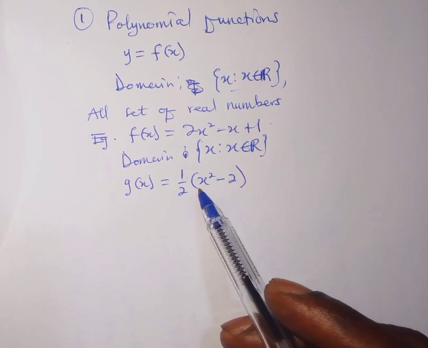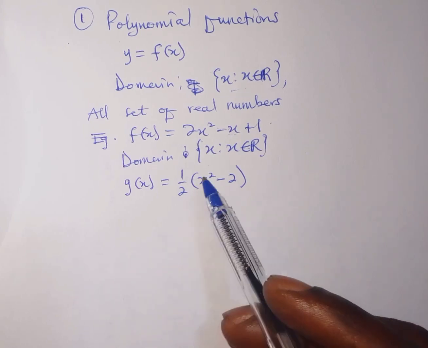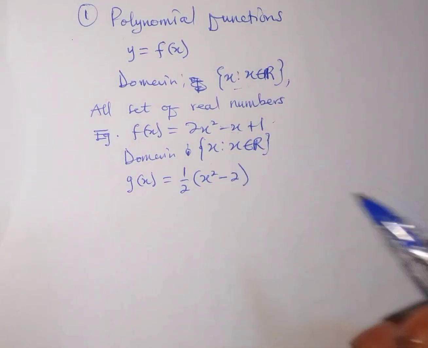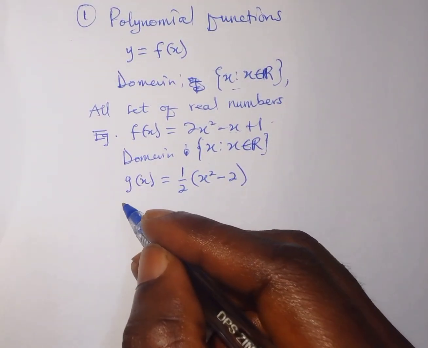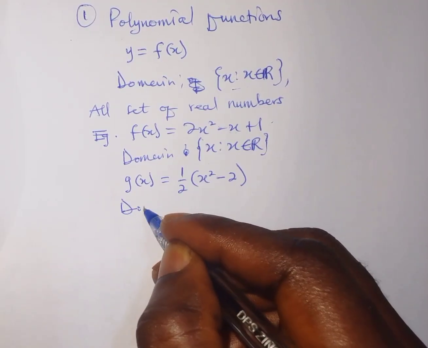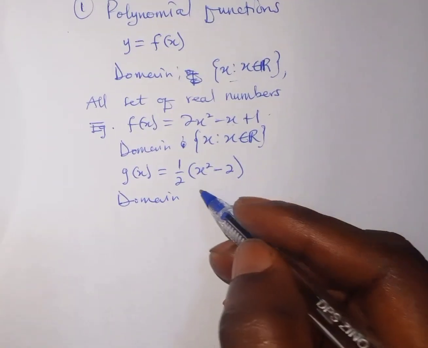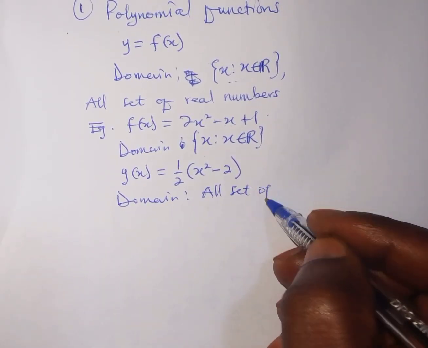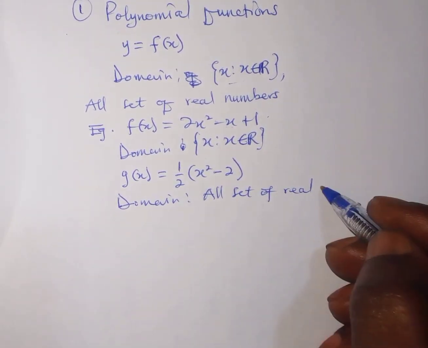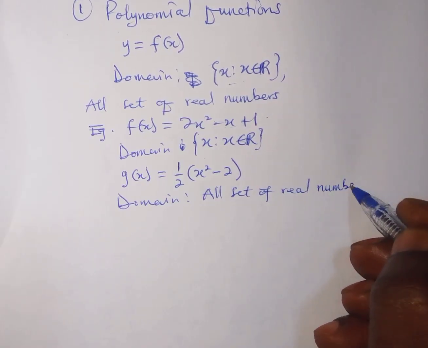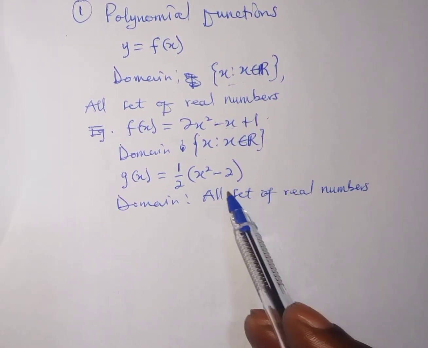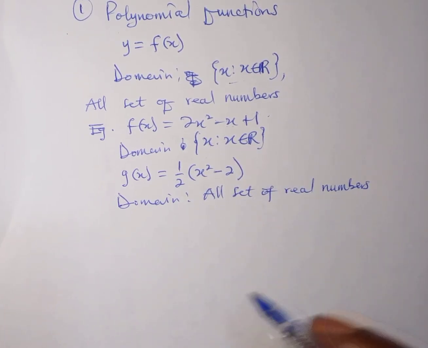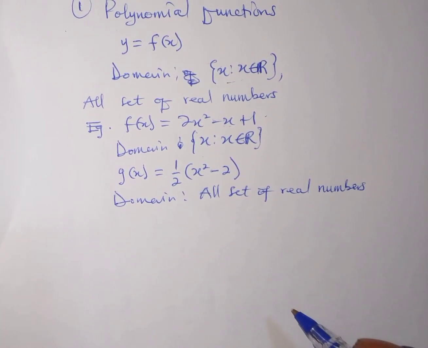When we get to polynomials, you will know what we mean by that. But this example is also a polynomial, and the domain is also all set of real numbers. So either you write this or you write that, and in all of them you are right. So that is the domain of a polynomial function.